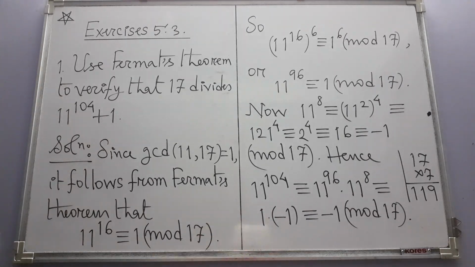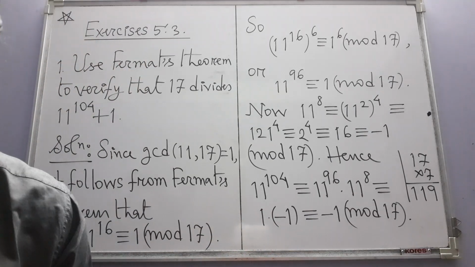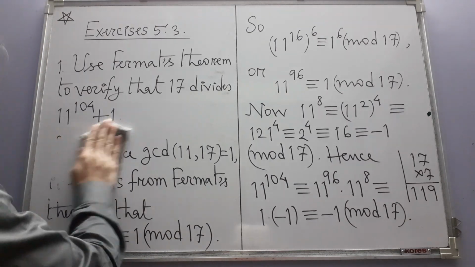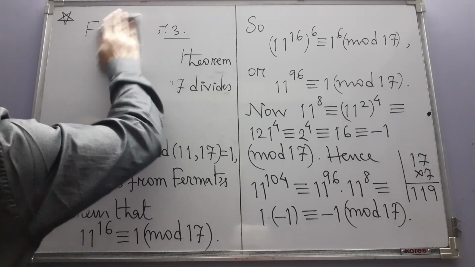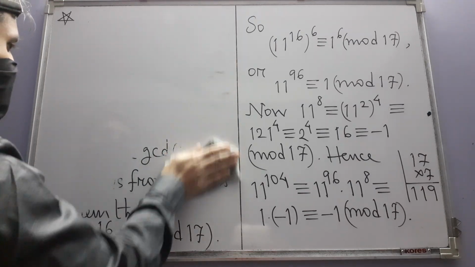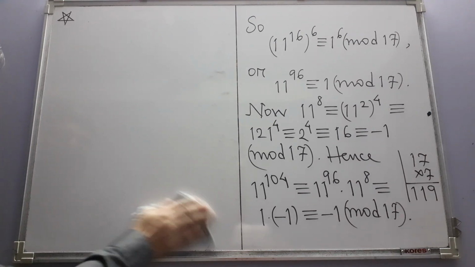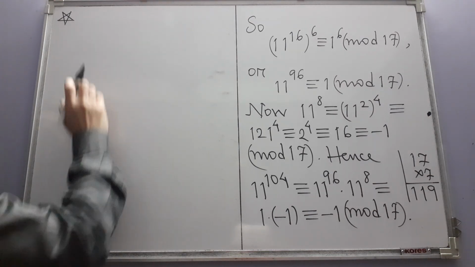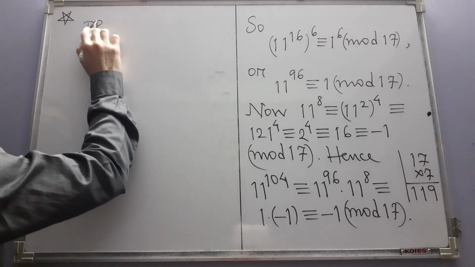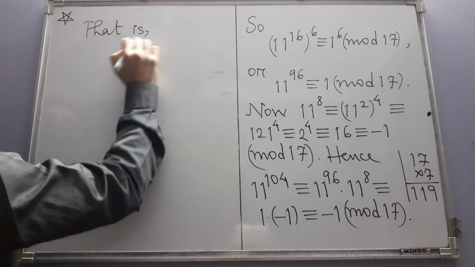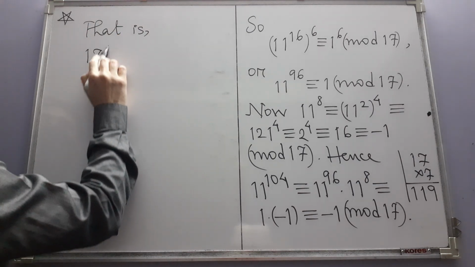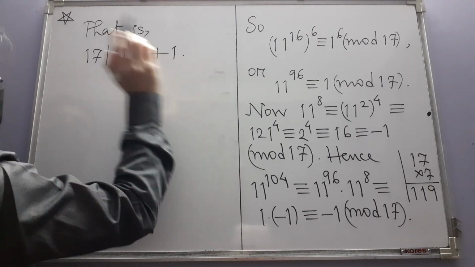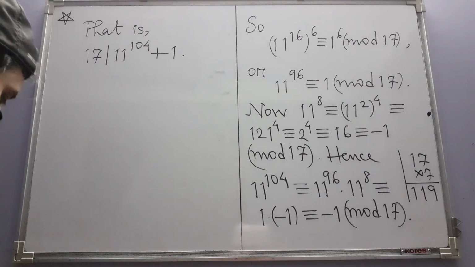Now just translate this congruence in the language of divisibility. That is, 17 divides 11 to the power 104 plus 1. So that's the solution.